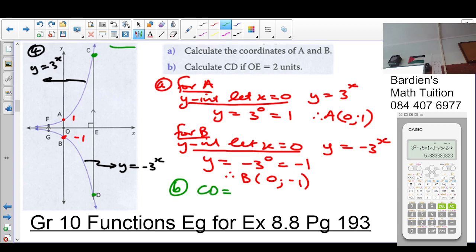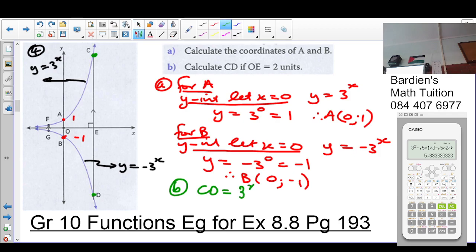Now looking from on top, which graph is on top? The y equals 3 to the x graph is on top, not so? Looking down, of course, at the bottom is the y equals negative 3 to the x graph. So it's going to be the top graph minus the bottom graph.